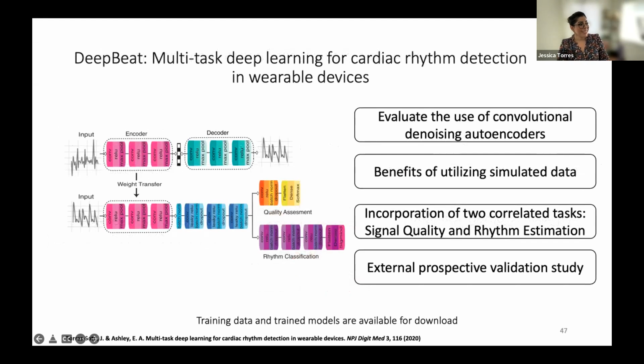So to summarize, this is BeatBeat. It's a multitask learning for cardiac rhythm detection in wearable devices. We built this method by a combination of these 4 crucial aspects: incorporating convolutional denoising autoencoders, the benefits of using simulated data sets, especially in a medical setting where data is highly limited, incorporating 2 tasks that are similar, which is actually beneficial, especially when it comes to these deep learning models, and then taking it beyond just your test set.